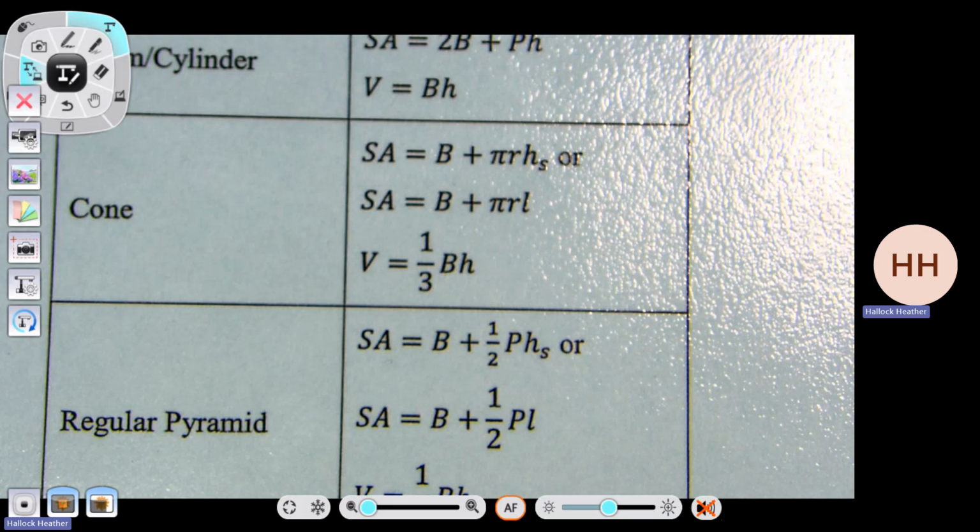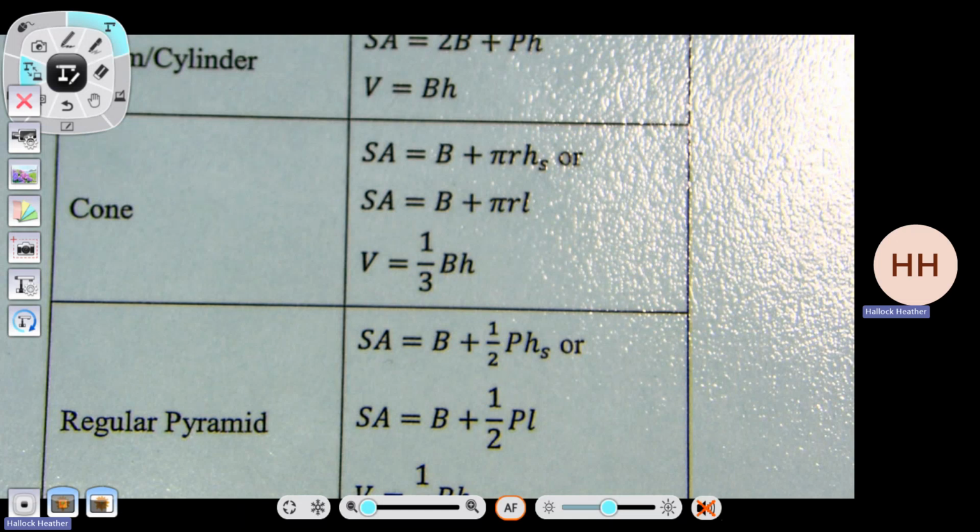That's a subscript. So looking at the key, what do both of those things mean in the key? Slant height. So is that a vertical height? No, that's this guy. That's the C on the Pythagorean theorem that we have been not using. So we have the slant height now, not regular H.